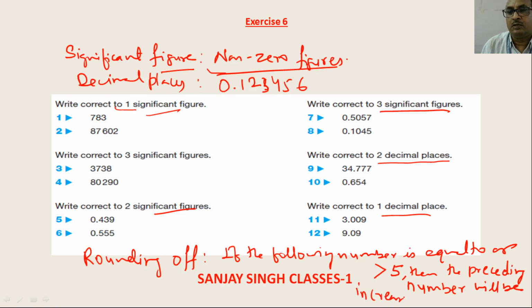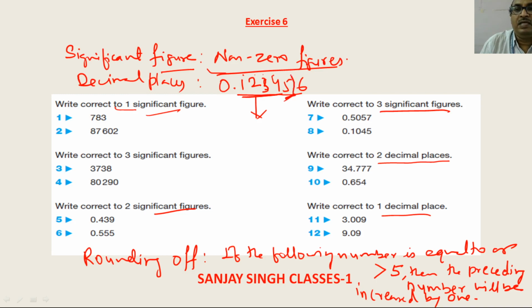Suppose we need to find the answer correct to 3 significant figures or 4 significant figures. If we want 4 significant figures, we count 1, 2, 3, 4 and then see the fifth one.